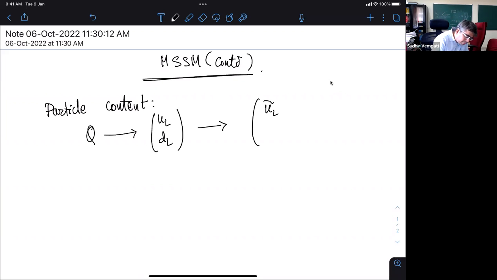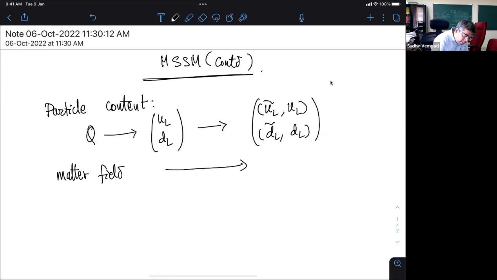So UL tilde, DL, DL, this is one chiral superfield, this is another chiral superfield. For every matter field, we'll have a chiral superfield.